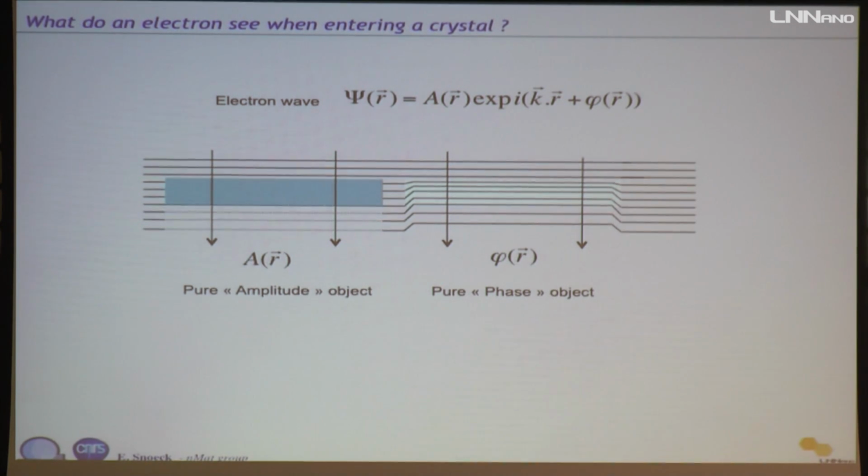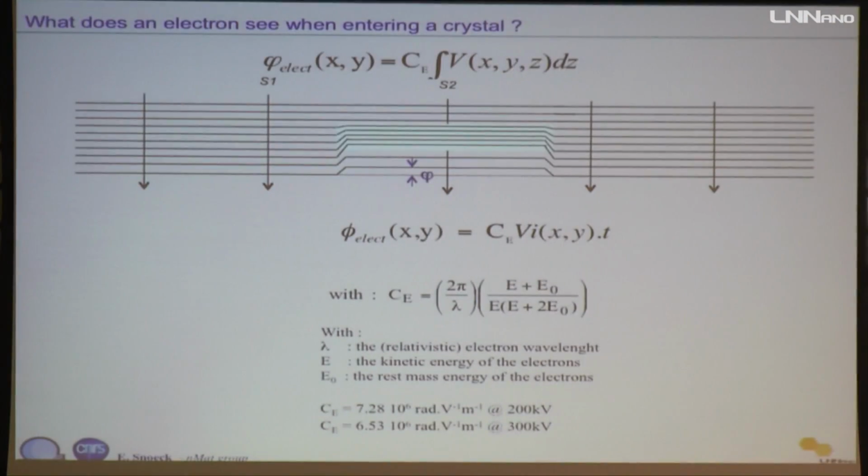Most of the time when people are trying to simulate TEM images, high resolution TEM images, they are in this case. They are looking at the pure phase object. And actually, what does an electron see when passing through this material?